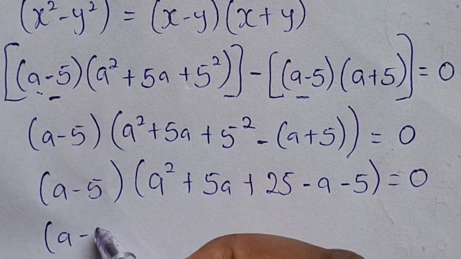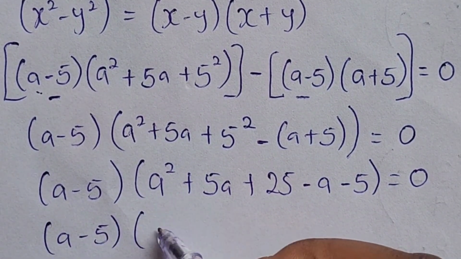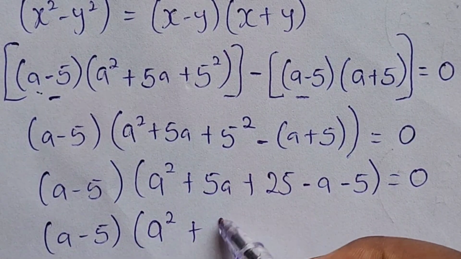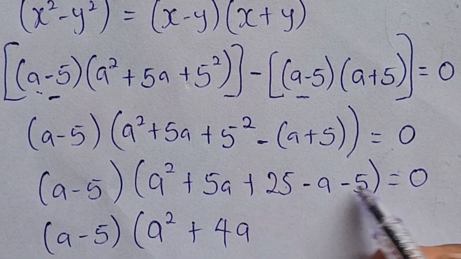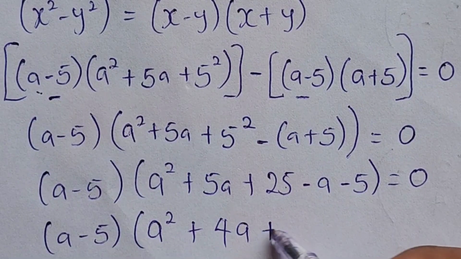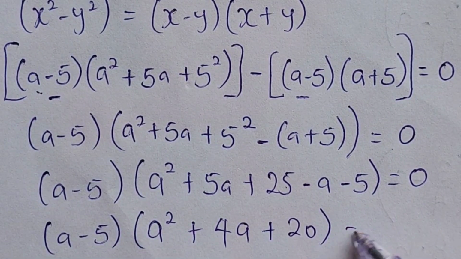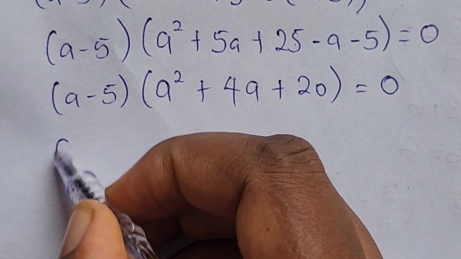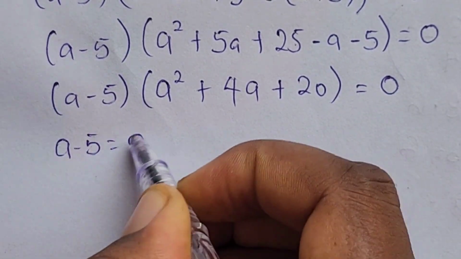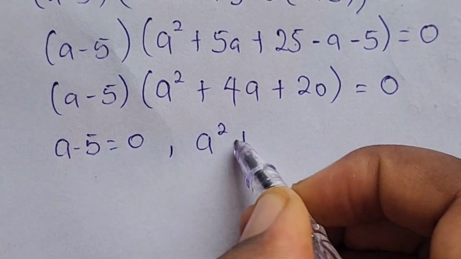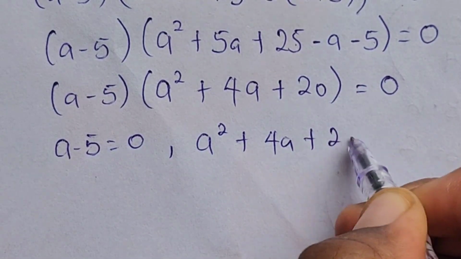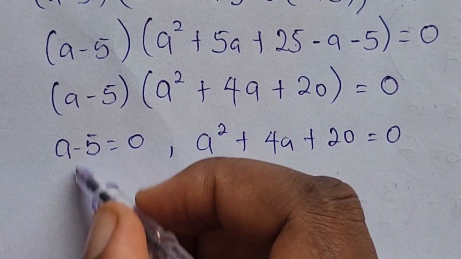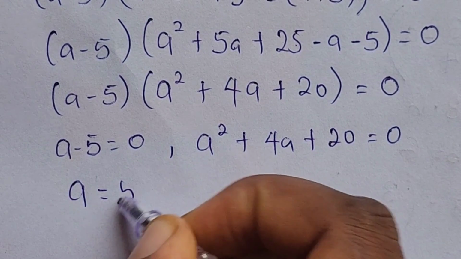So we have a minus 5, we have a squared, 5 minus 4, plus 4a, 25 minus 5, plus 20, and this is equal to 0. So this simply means that a minus 5 is equal to 0, and a squared plus 4a plus 20 is equal to 0. So we've gotten from here that a is equal to 5.